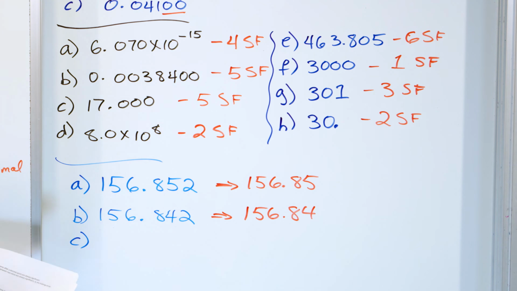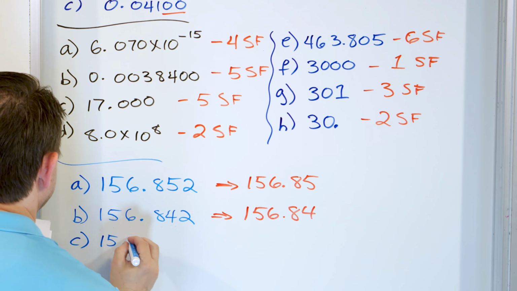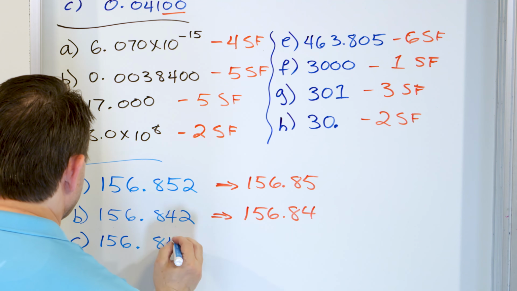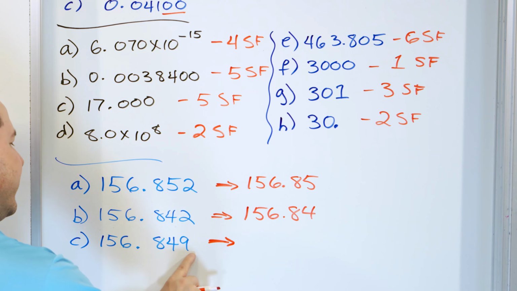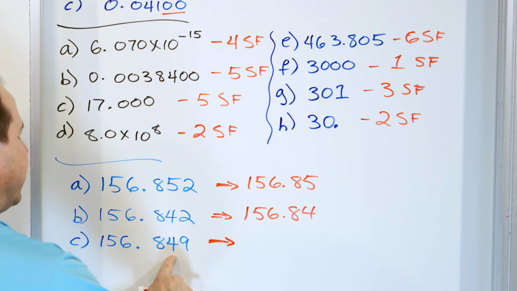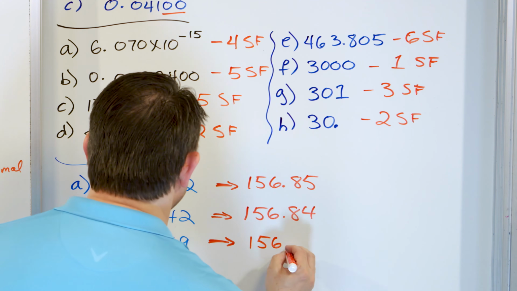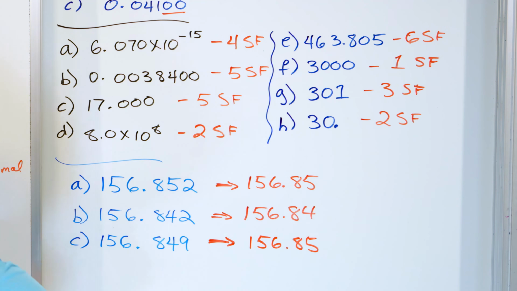Part C is 156.849. How do we round that to 5 significant digits? This is the fifth one. Since the next one over is 5 or greater, we're going to round this up to 156.85. Because the 4 turns into a 5.